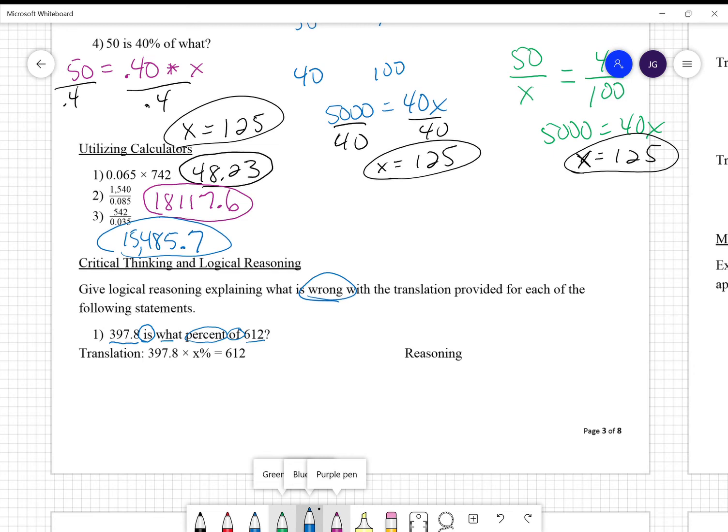Okay. The multiplication is there. Of is multiplication. So it should be X percent times 612 equals 397.8.